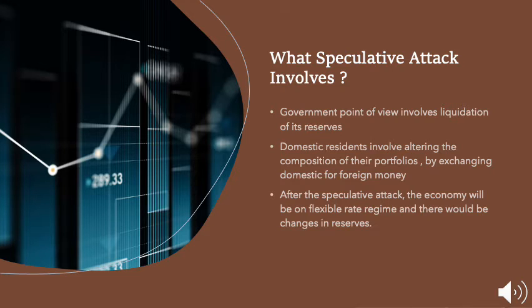So when the speculative attack takes place, after that the economy will have the flexible rate regime and the post-crisis prices, which will be determined from the asset holdings, and a balance of payments crisis occurs. And all these things will eliminate the remaining reserves and force the transition to the floating exchange rate.